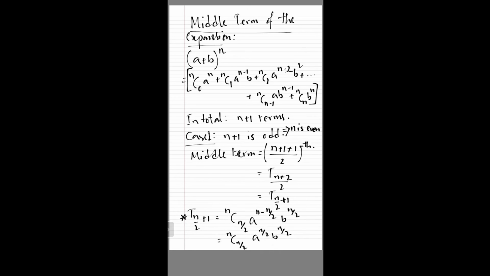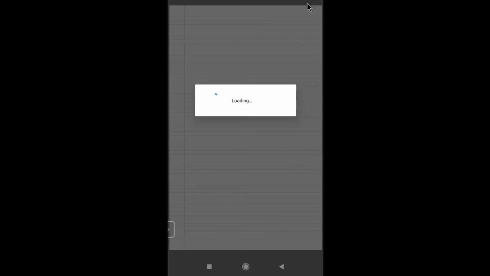Now let us come to case 2. In case 2, we are again having the same kind of thing. Now we are saying that n plus 1 is even, and that means n will become odd. So there is an odd power in the expression. Whenever there is an odd power, we are getting an even number of terms in the expansion.